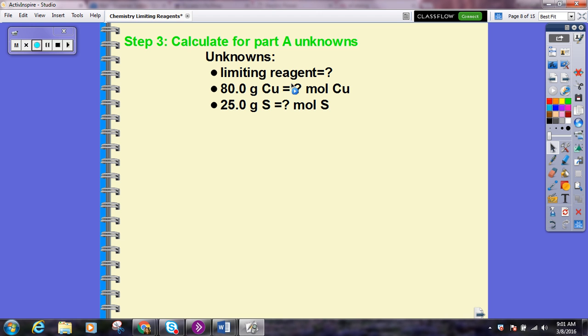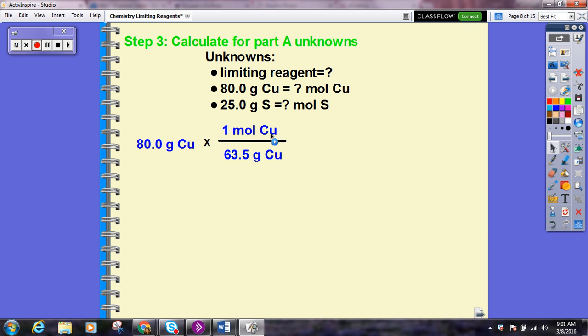So again, here are our unknowns. Let's start with copper. We want to find out how many moles of copper 80 grams equals. So 80 grams of copper multiplied by the ratio we find on the periodic table: the atomic mass of copper is 63.5 grams, which equals 1 mole.